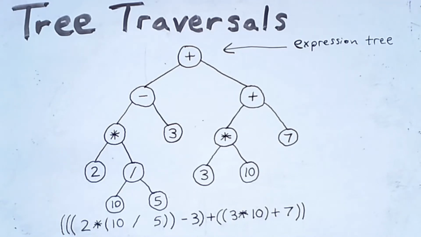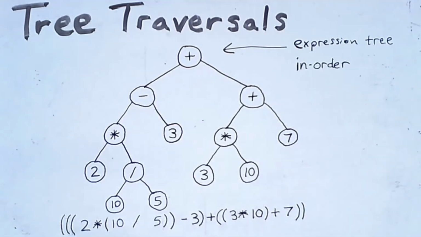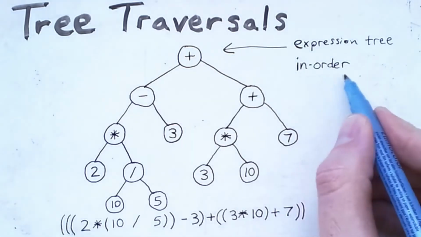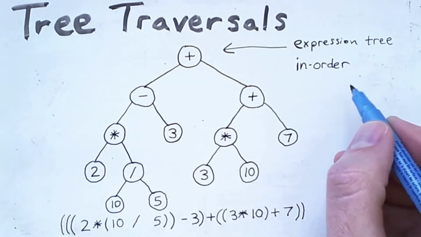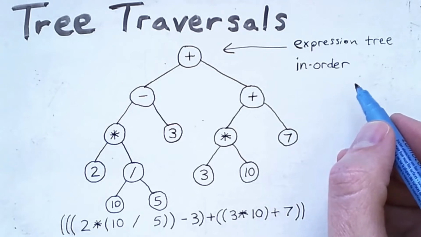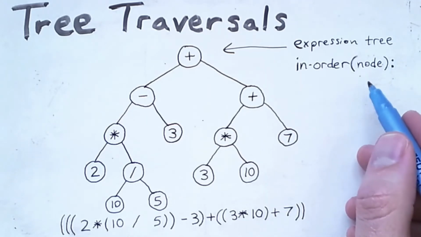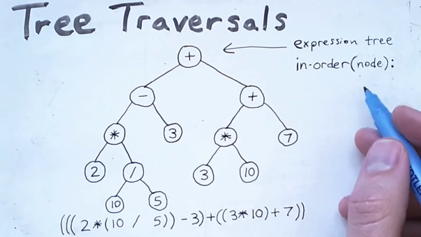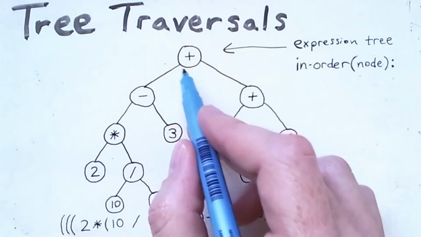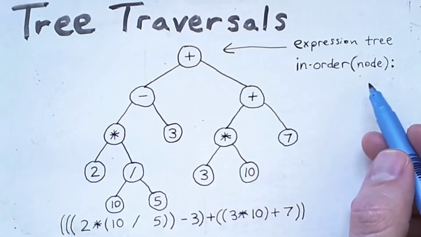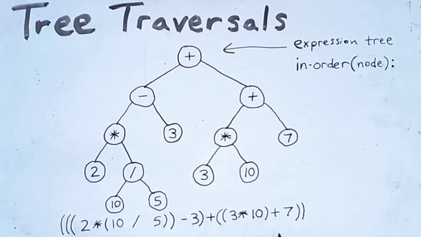The way I would do this is using an in-order traversal. An in-order traversal is a recursive procedure that takes a node of the tree. To kick this process off, we would send it the root node. So if I were to call my in-order procedure using the root node of this tree, it would then recursively go through the tree to print out this expression here.